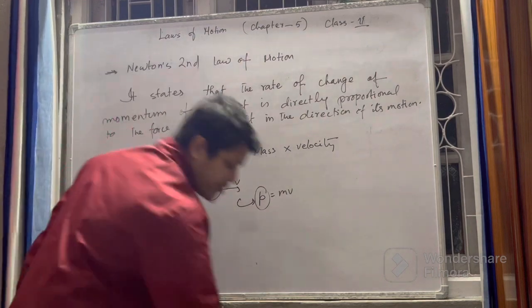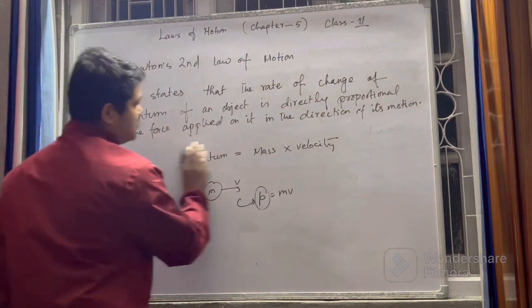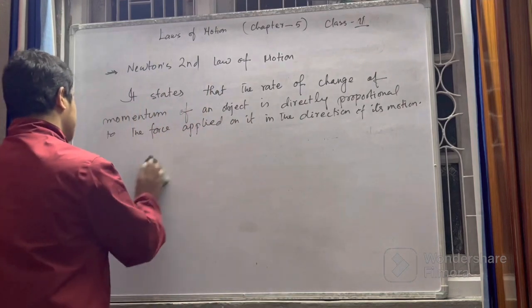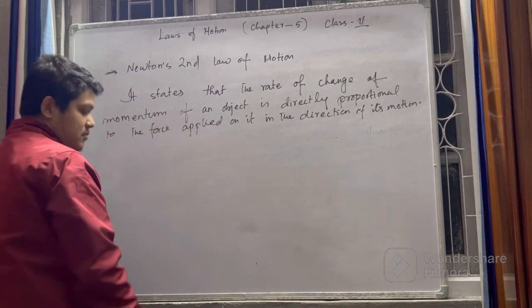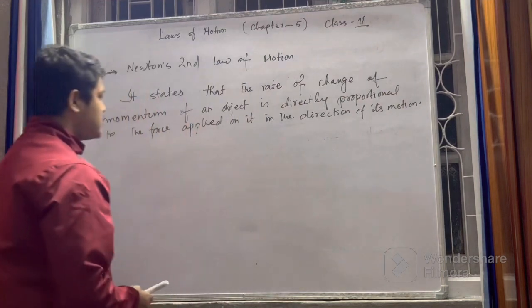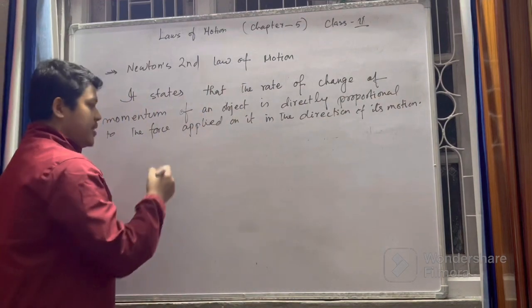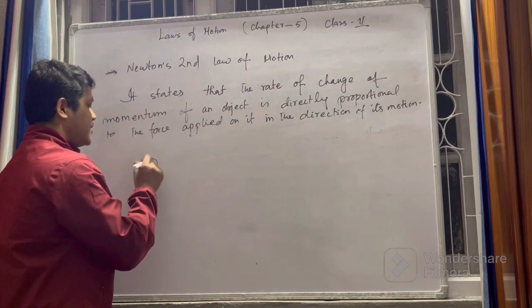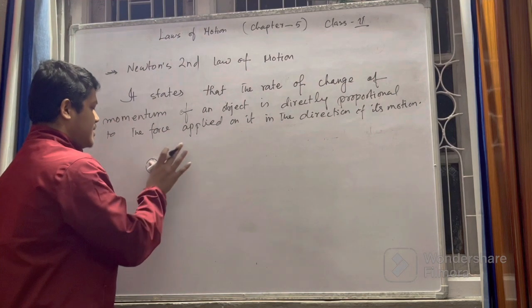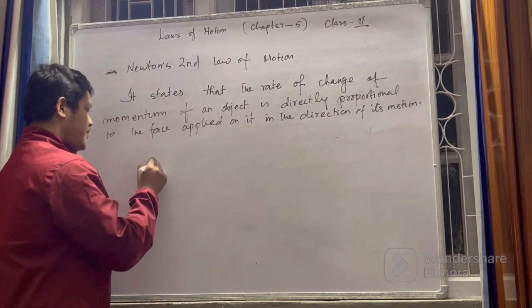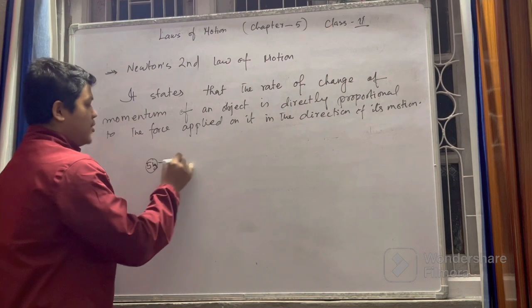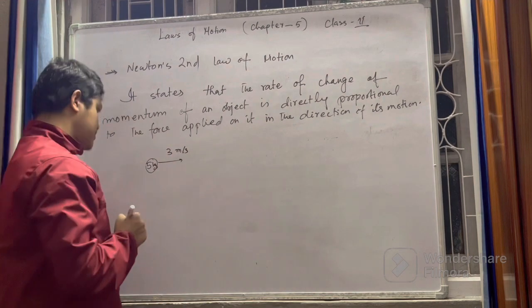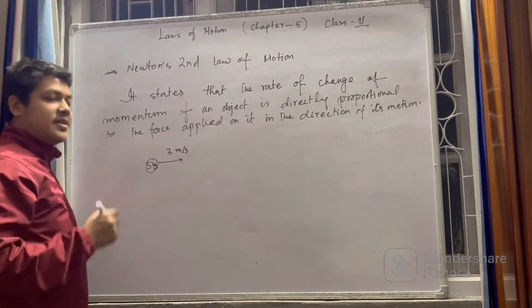So now you see, let me give you an example. Suppose this is an object, it is moving, its mass is 5 kg. It is moving with a velocity of 3 meter per second.